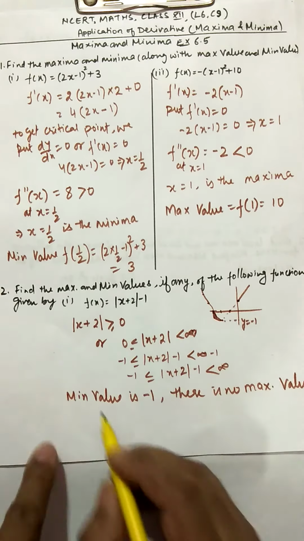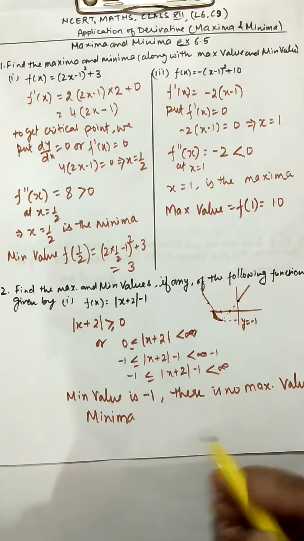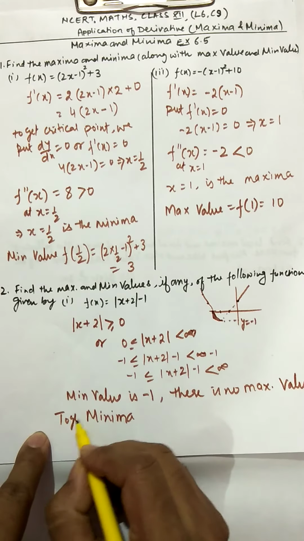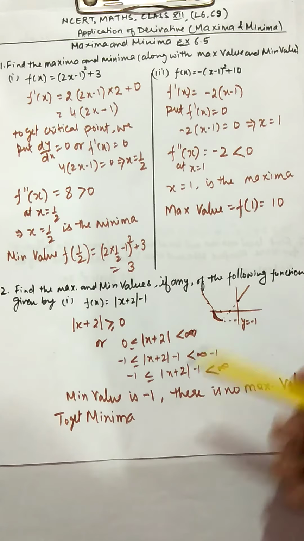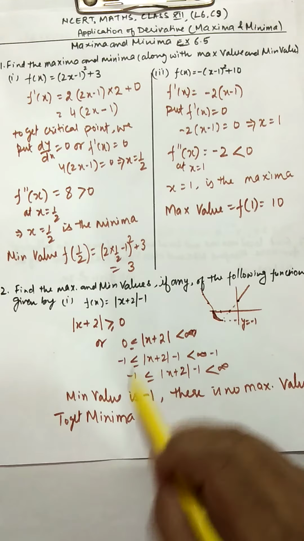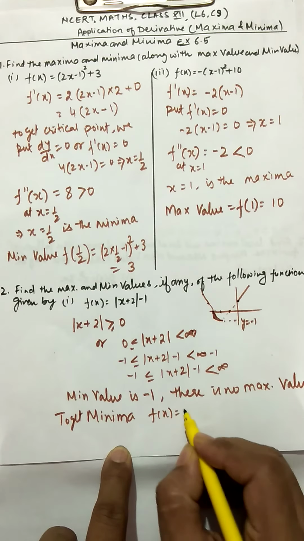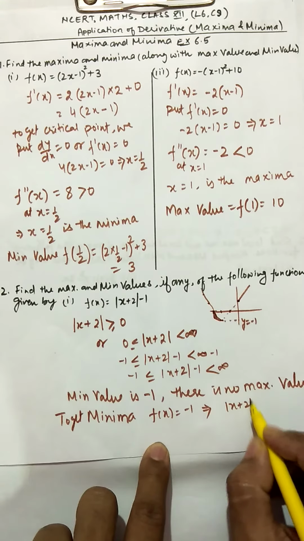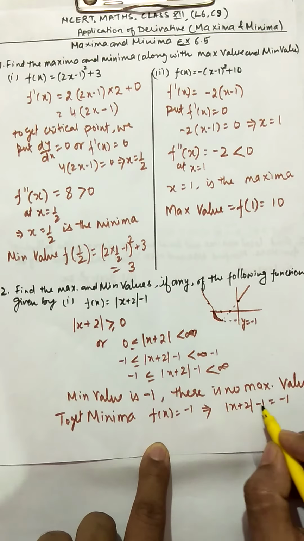So now the question is, what is your minima? To get minima we can directly write that x = minima you will be getting when this function is going to be -1. So f(x) I am putting equal to -1. So you see what comes, this is x + 2 - 1 = -1, so this is 0.